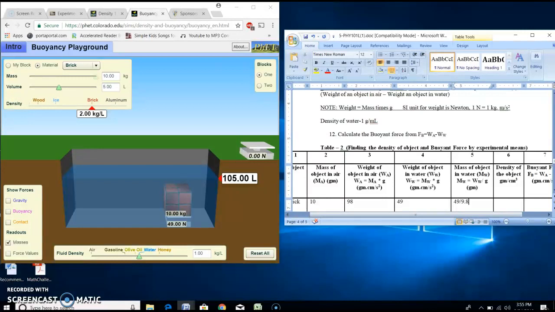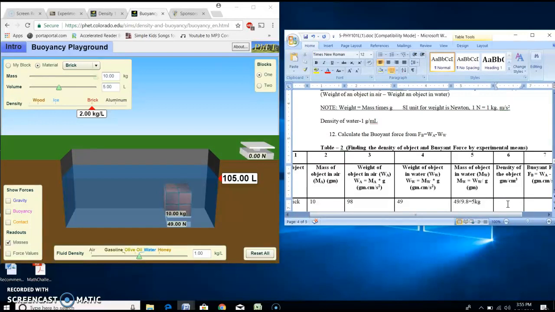Whatever number you get, which I think is 5 kilograms, that is going to be the weight of the object in water. And you're going to find out the density of the object.